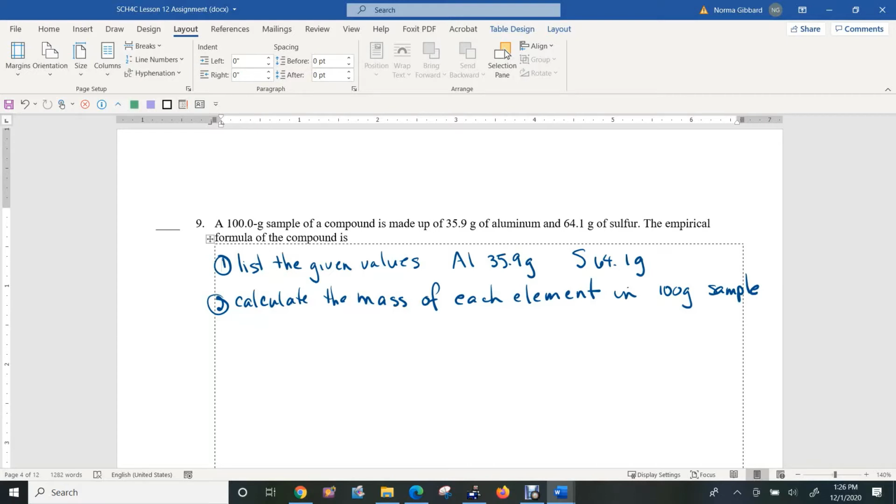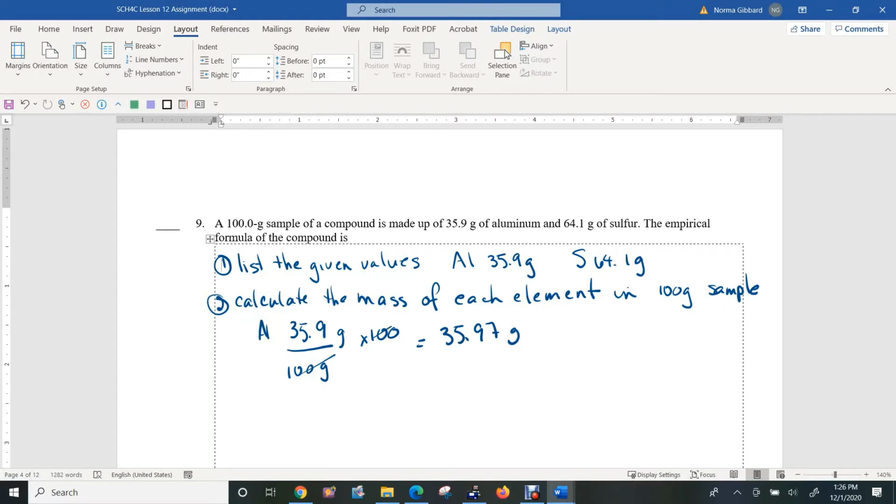So we are going to start with aluminum. 35.9 grams divided by 100 grams. We want this as a percent, so we're going to get 35.9 grams, because this will cancel.